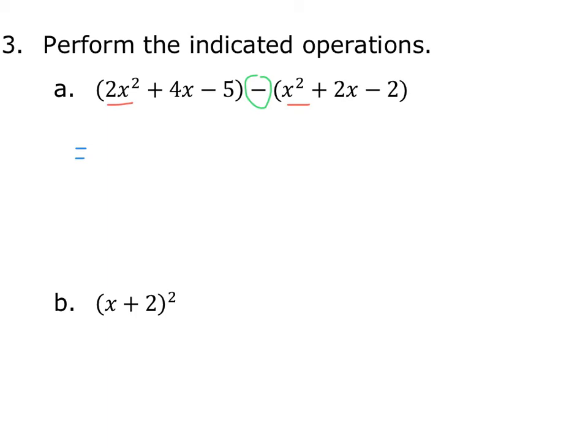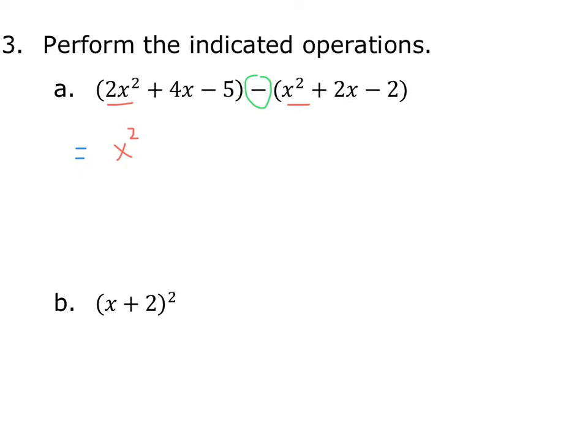So we combine the coefficients using subtraction. So we have 2 minus 1 x squared. So that's going to end up being just 1 x squared. That doesn't change the exponent on the x at all when we combine. And when we have a 1 out in front, we don't really even need to put that.